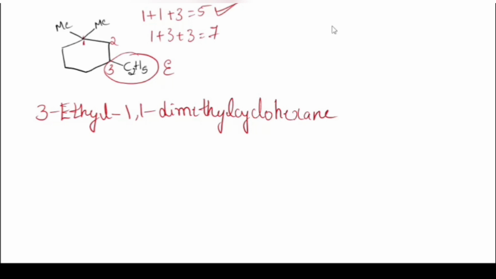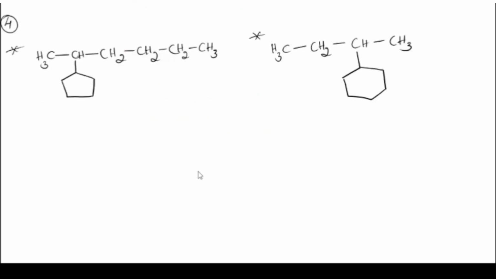Then we'll move on to the next thing, rule 4. Here we generally have a carbon chain like this. The carbon chain we will get as a substituent, and at the other side we will get a ring like this. This is not actually a ring, it can contain 3, 4, 5 carbons like that.